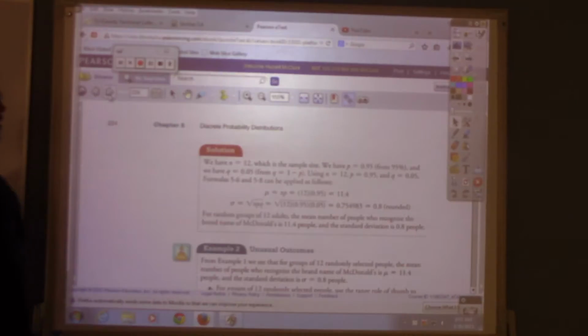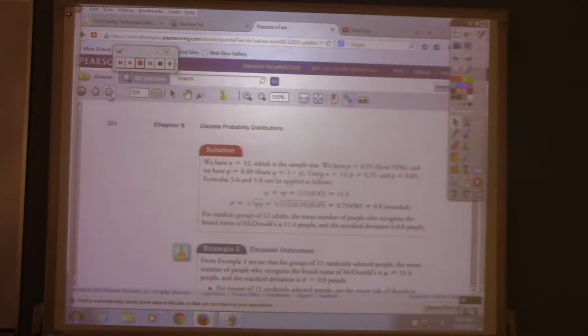Y'all see why I'm not worried about time when it comes to chapter 5? The hardest thing you have to do in chapter 5 is 5.2. That's it. 5.3 is simple and 5.4 is simple. Not very difficult. The test on chapter 5 I think is 10 questions plus your 10 give me questions.